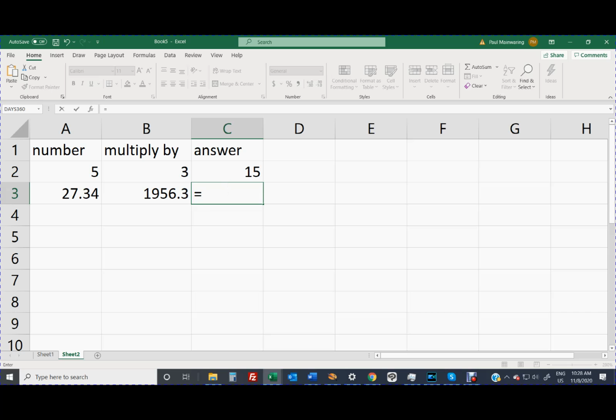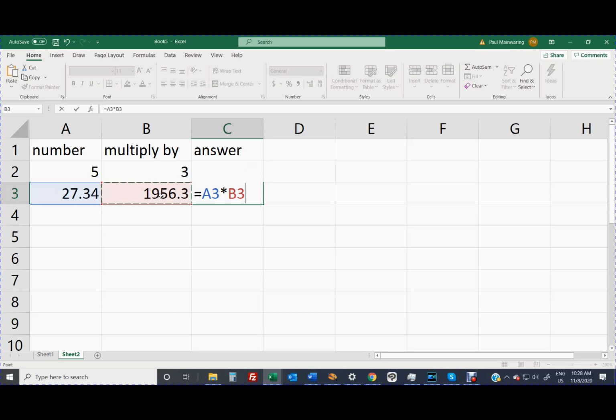I want you to multiply column A, row 3, which is the number 27.34. There it is. Column A, row 3. And I want you to multiply it, which is shift 8, by 1956.3, which is column B, row 3.